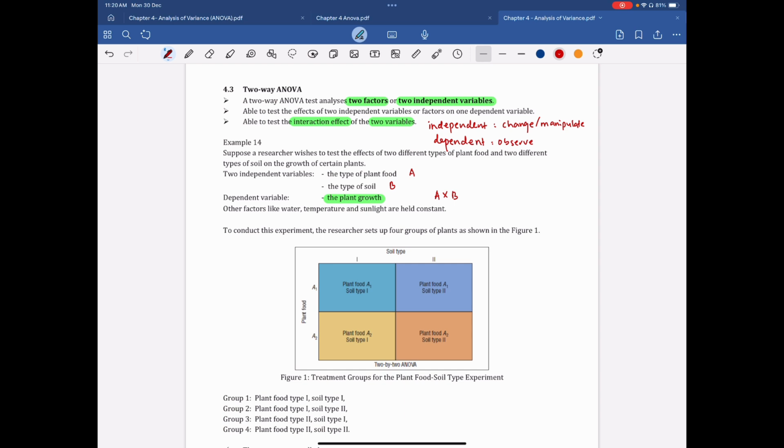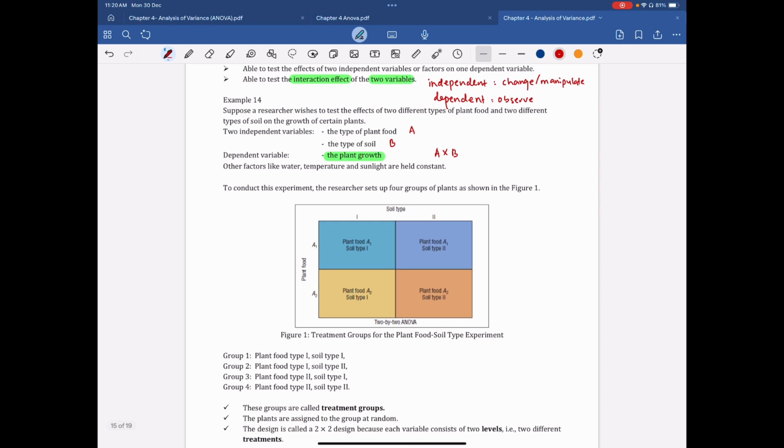This means we have an interaction effect of the two variables that can be tested. All right, so let's take a look at example 14.